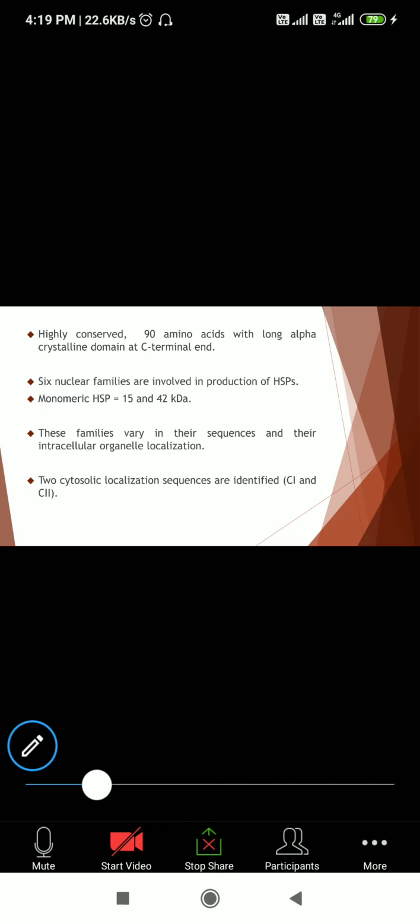In plants, we have small heat shock proteins as a major class of heat shock proteins. Again, I will repeat: in plants, small heat shock proteins are a major class. As I said, they are highly conserved.